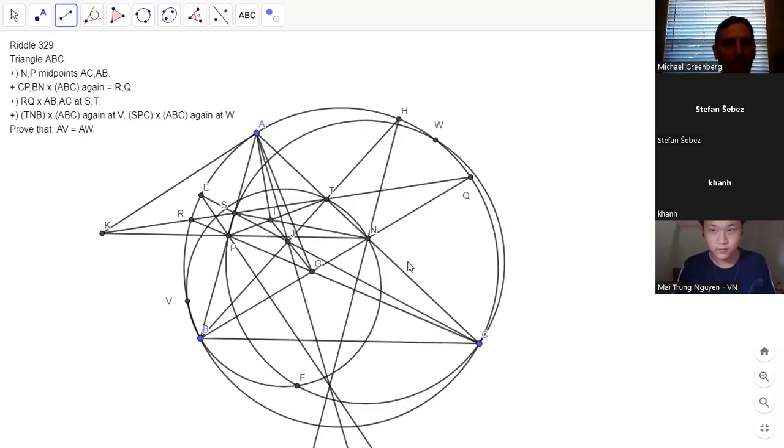And since AK is the tangent of circle APN, we must have AI is the symmedian. Okay. Those are all in harmonic conjugation, and we prove these are concurrent by Pascal.